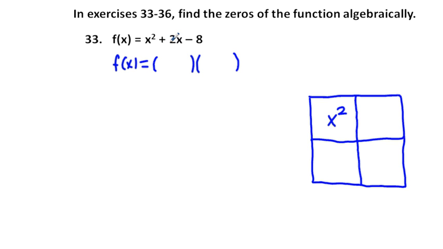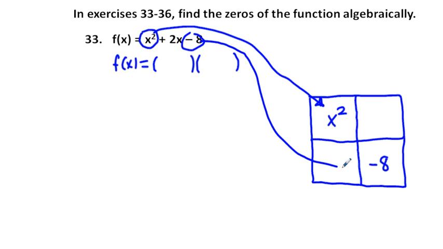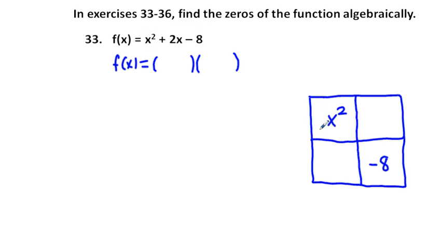In the upper left corner, we put this first quadratic term. In the lower right corner of the cell, we put the constant term. And so we have this x squared term goes here. The negative 8 is going to go here. Okay, so that's where those come from. Next, we find the factors of x squared, which are going to be x and x.